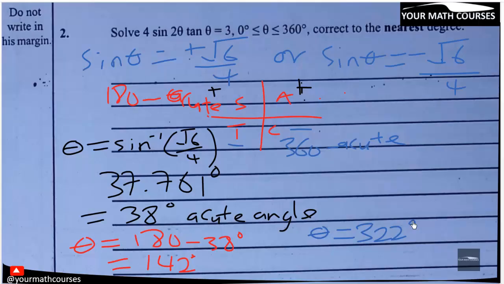Then in this quadrant, it should give us 180 plus the acute angle. So theta will also be equal to 180 plus 38 degrees, which is 218 degrees.